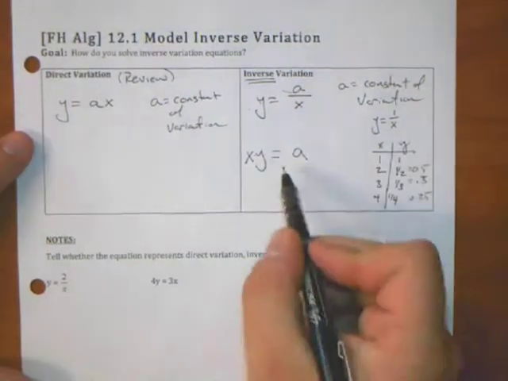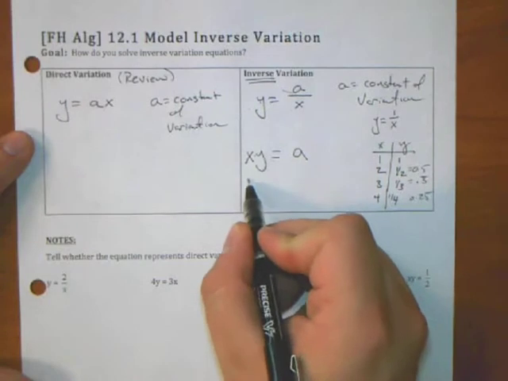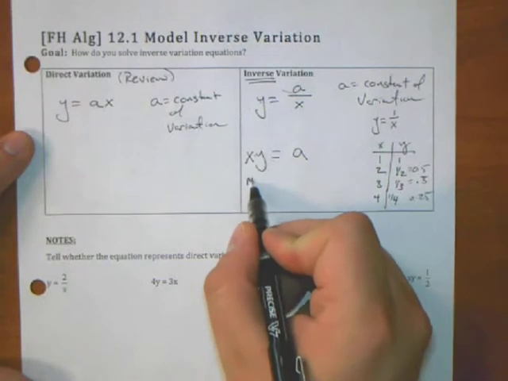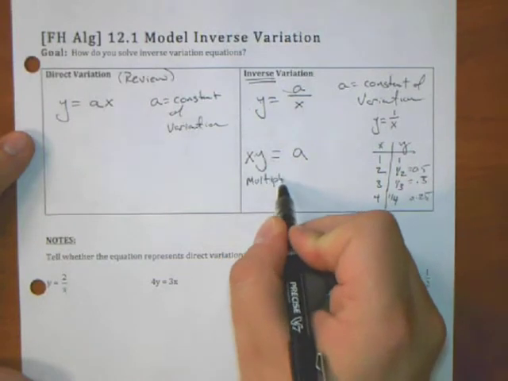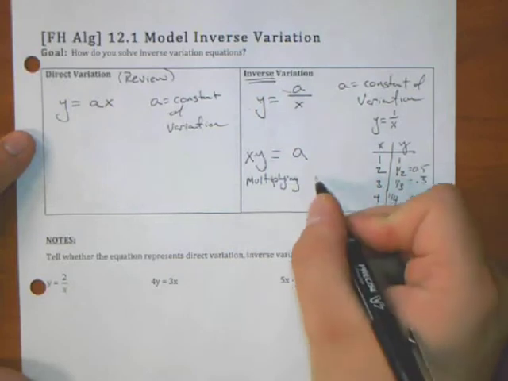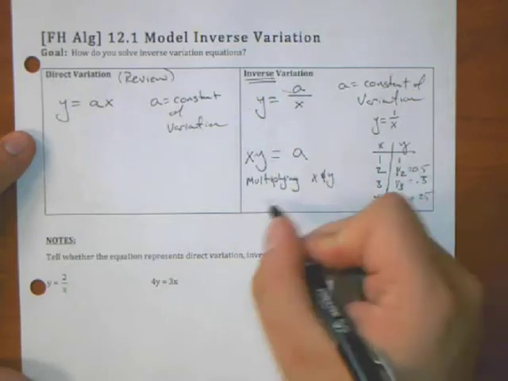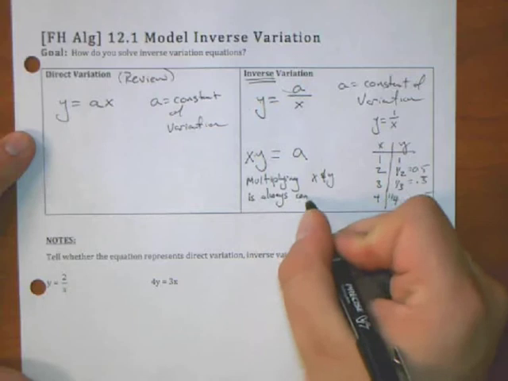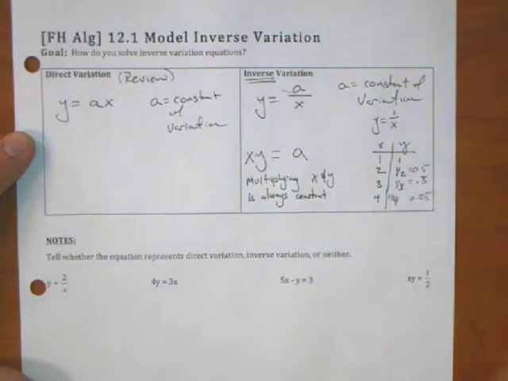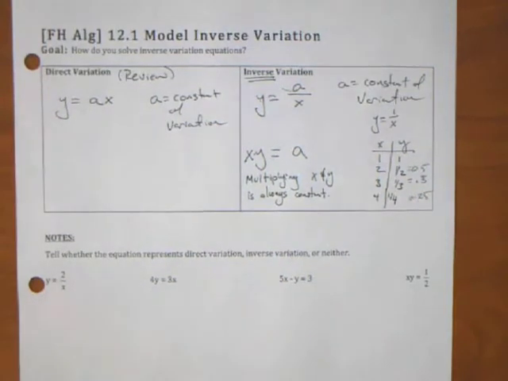This is another form. This is saying that when you multiply x and y, the product is always constant, or the same.